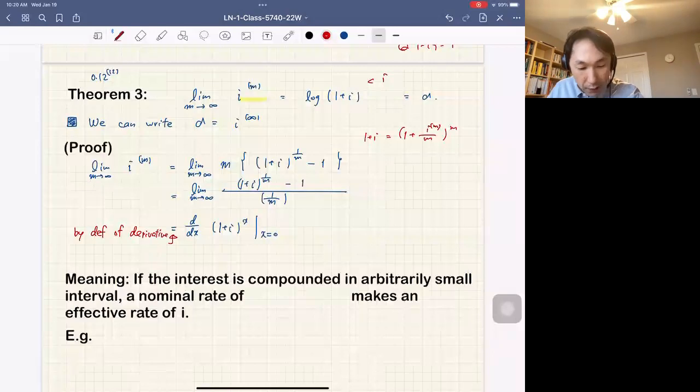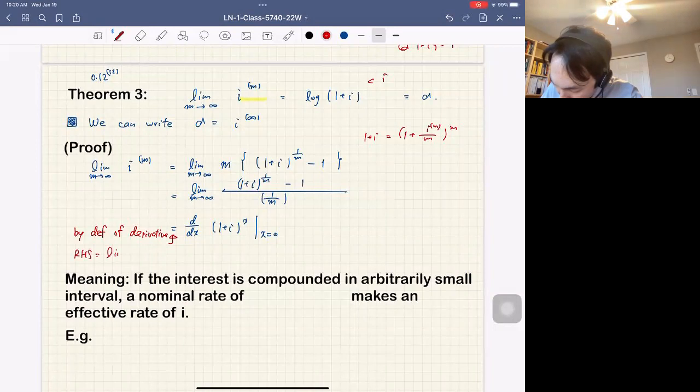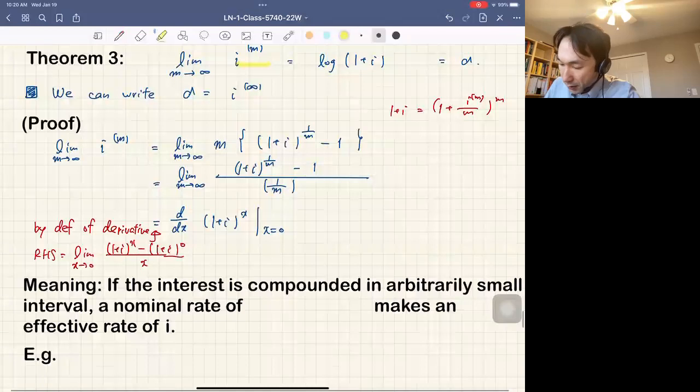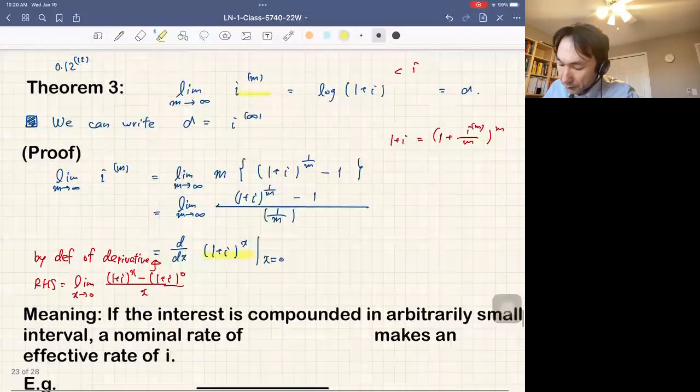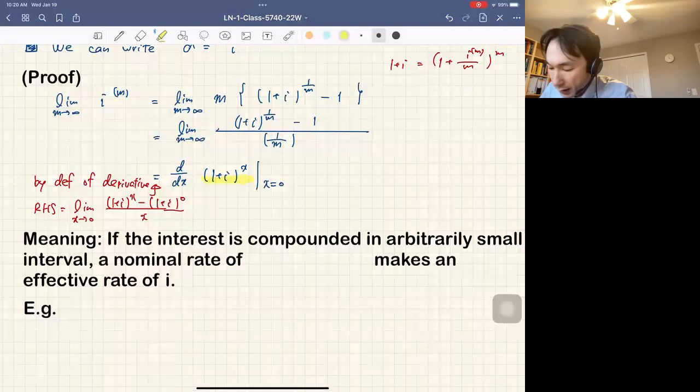So the right-hand side is the limit as x goes to 0 of (1 plus i to the power x minus 1 plus i to the power 0) over x. This is the definition of the derivative, right? For this function, we plug in x and plug in 0, with x minus 0 in the denominator.